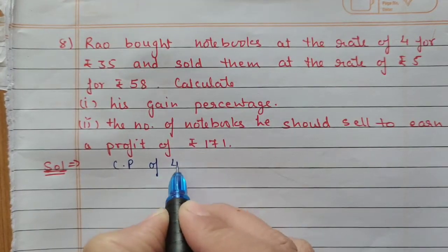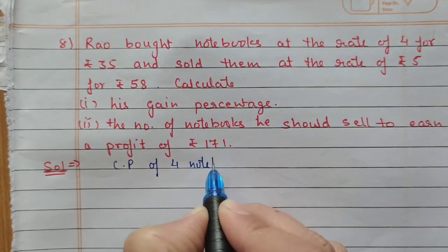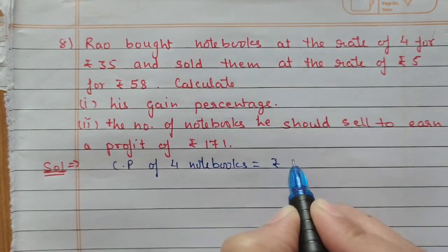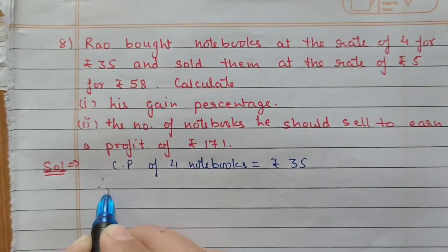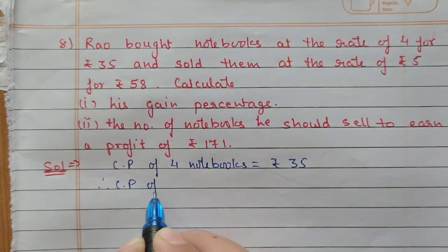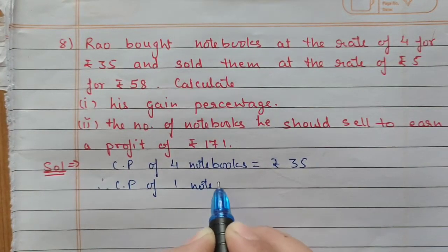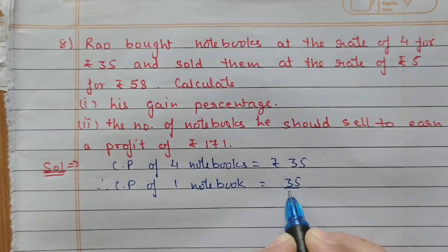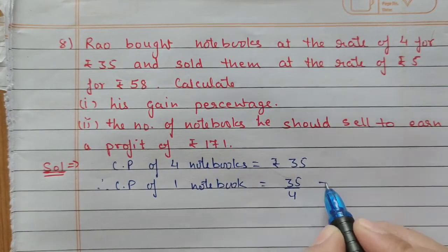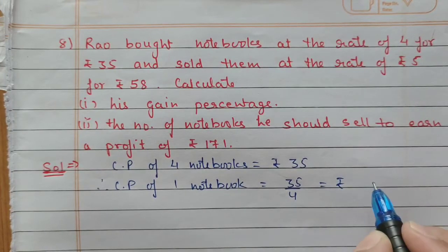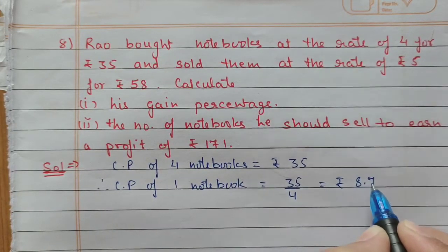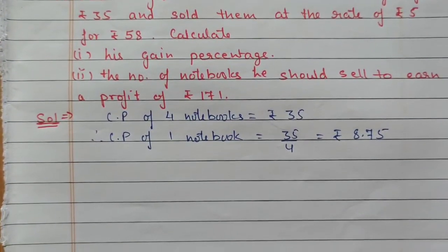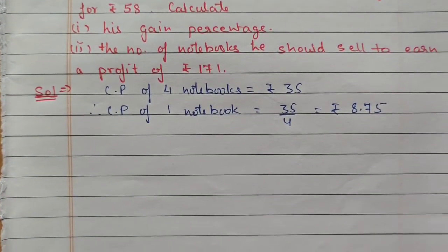CP of 4 notebooks is 35 rupees. Therefore the cost price of one notebook will be 35 by 4, and we can change it into decimal or keep it in fraction also. In both ways the answer will come the same. If we change into decimal, we get 8 rupees 75 paise as the cost price for one notebook.